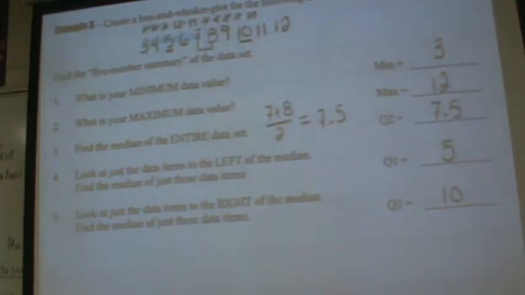So now we're actually going to draw our box and whisker plot on the line that's provided for you at the bottom of the page. So this is going to be our number line. So our number line, we can start at 0 and then we'll go up because we're going to 12. So we're just going to kind of draw in our number line.